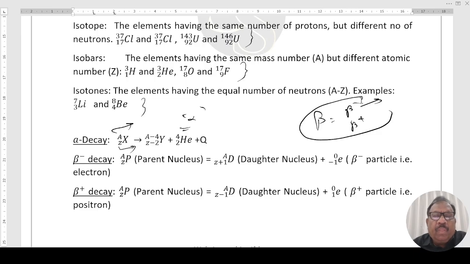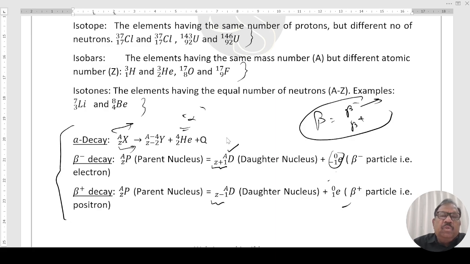In beta minus, the mass number remains the same and the atomic number increases by 1. In beta plus decay, the mass number remains the same and the atomic number decreases by 1.